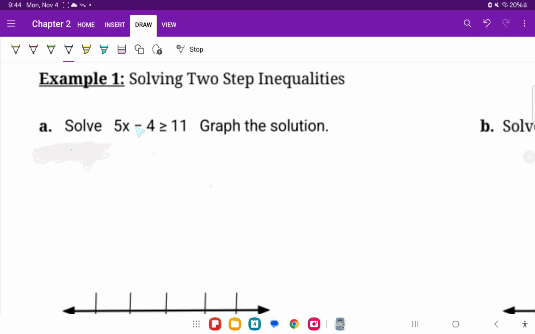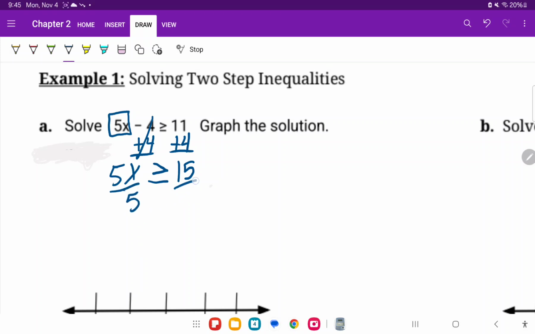So the first thing we need to do is we need to get this 5x by itself. So we're going to add this 4 to both sides. So here on the right, we'll be left with 5x. That cancels out. Bring down your greater than or equal to and add that together. So then we'll divide by 5 so that we can get x all by itself.